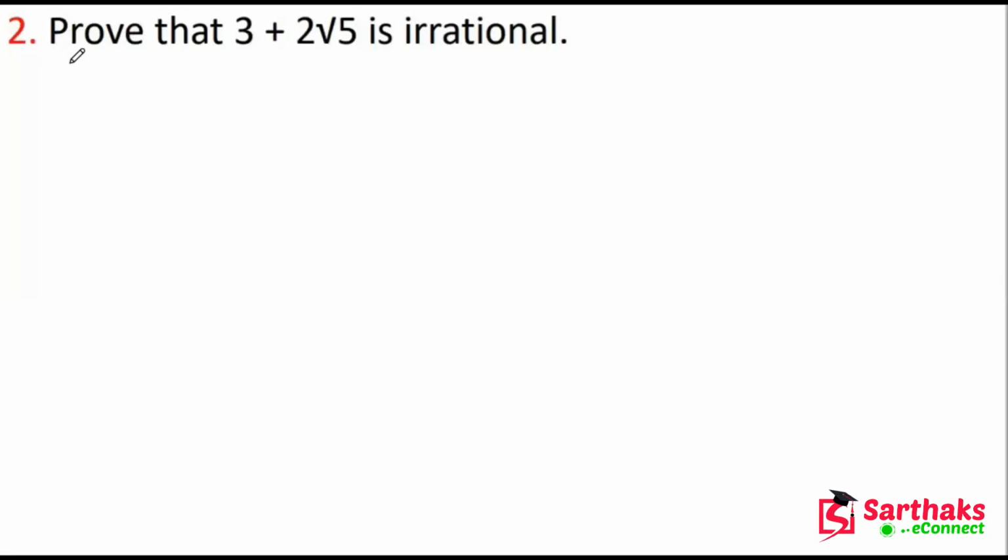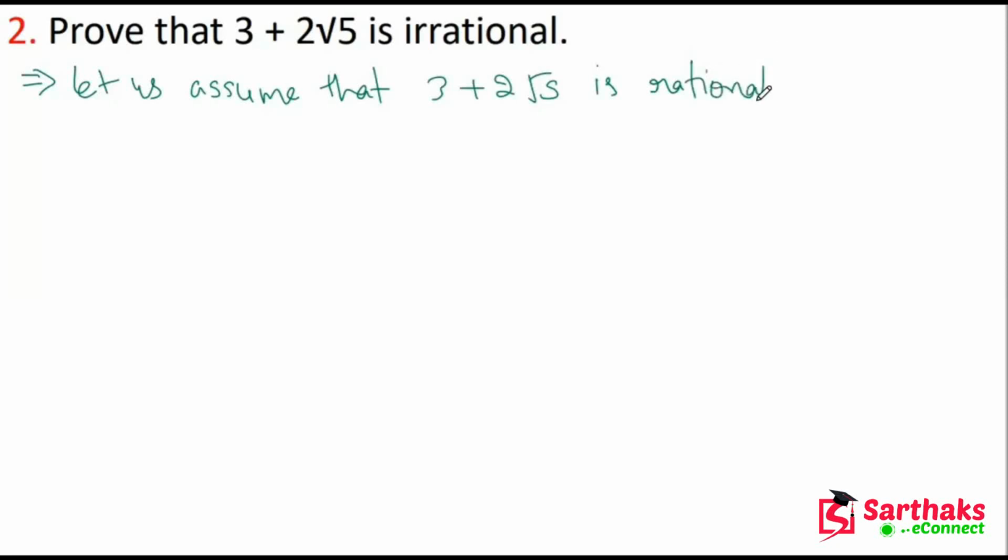So again, we have to prove that 3 plus 2 under root 5 is irrational. Let us assume that 3 plus 2 under root 5 is rational.